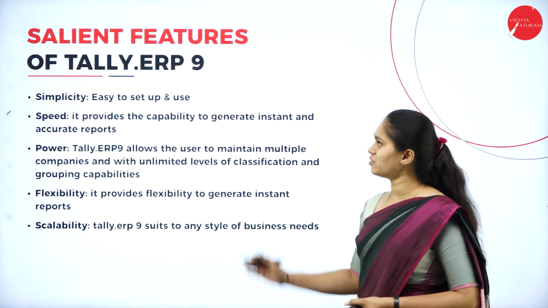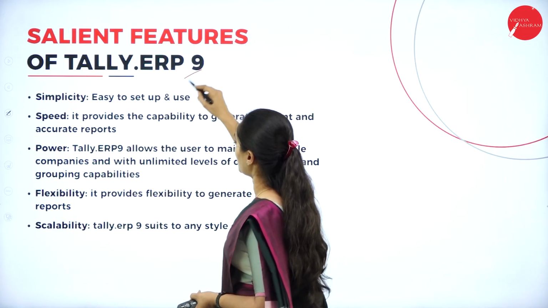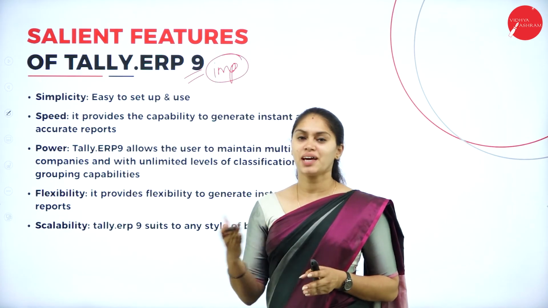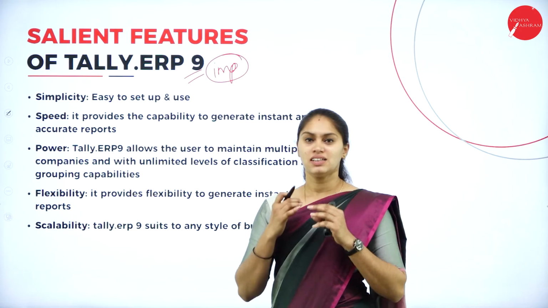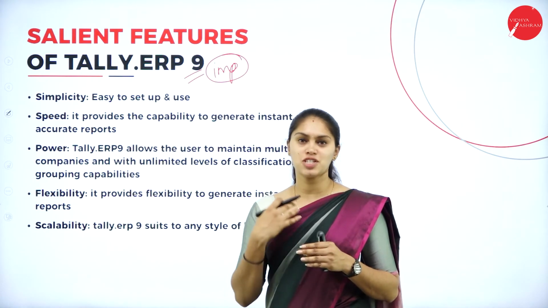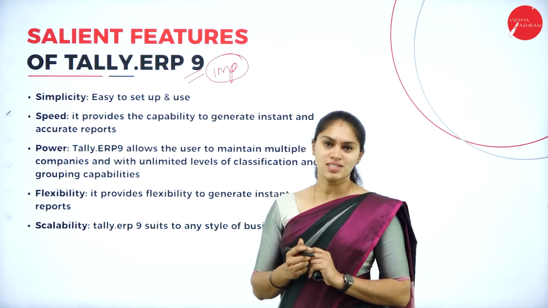Now we'll see some of the salient features of Tally.ERP 9. It is very important. Remember one thing, the features of ERP are different from those of Tally.ERP 9, because Tally.ERP 9 comes under the ERP. It is a package or software which comes under enterprise resource planning.